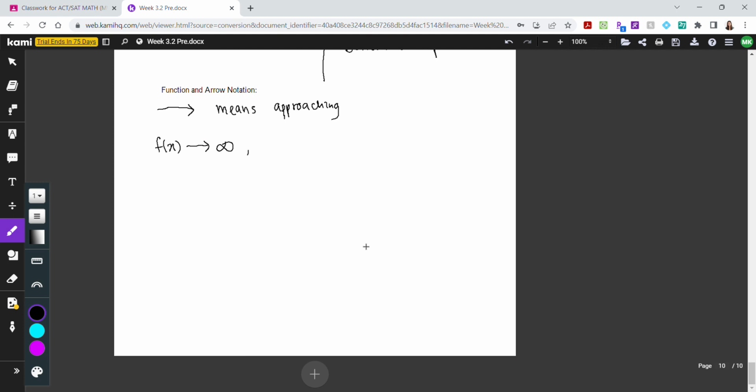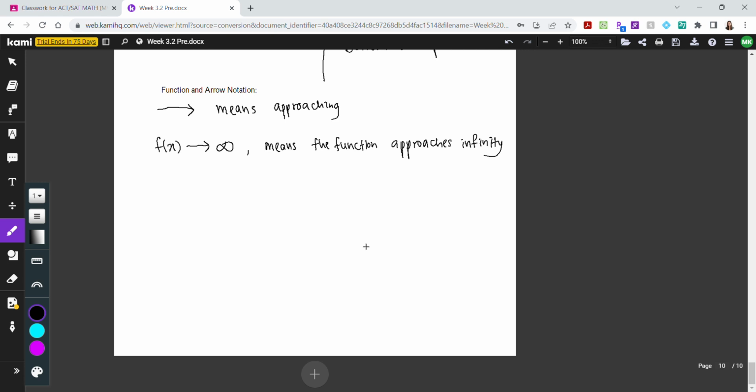So that's what the arrow here means. So this means that the function approaches infinity. All right, so essentially that's what the arrow means. It means it's approaching something. So it says f(x) arrow 2, which means the function is approaching towards 2. That's all. All right.